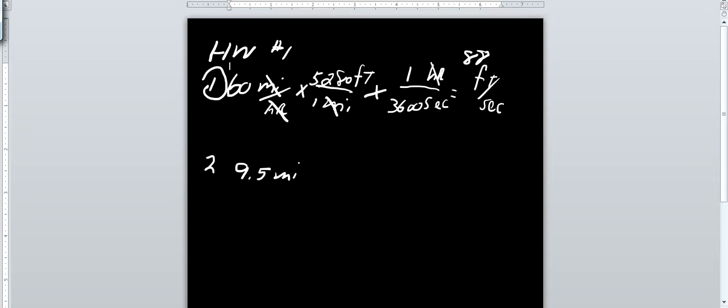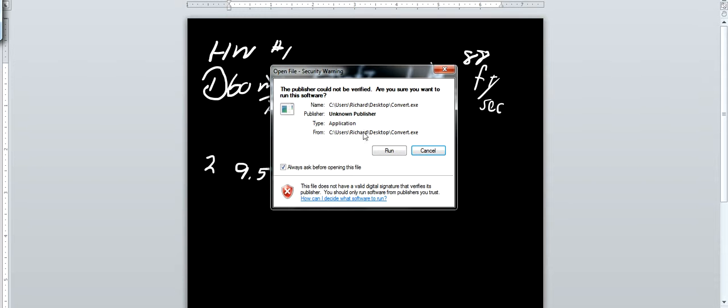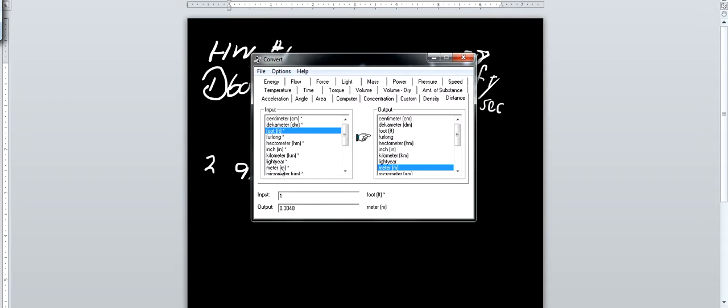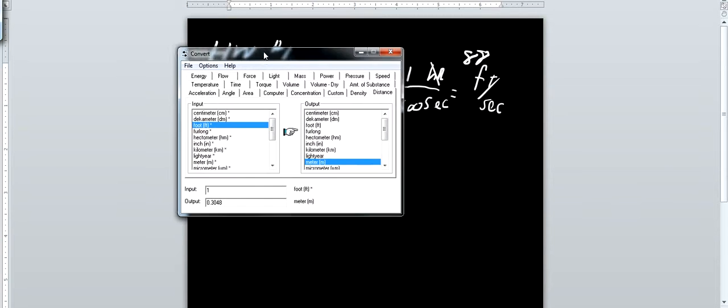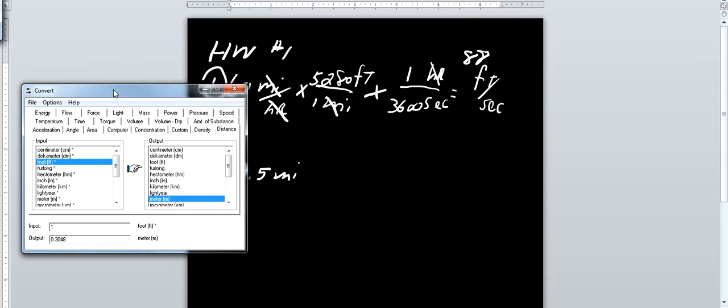So we get our little convert here. We want to change miles to feet, or how many feet is this?